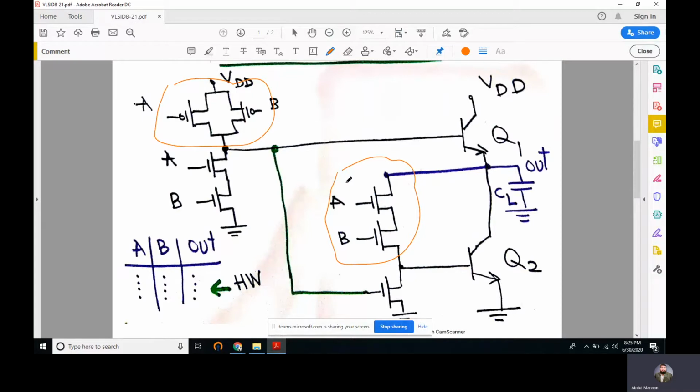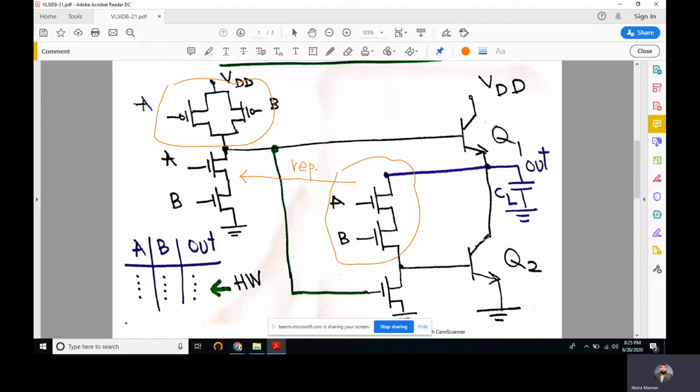Then we repeat the same NMOS array here. It is repeated exactly as it is in regular CMOS. And then we always have this controlling transistor, which is always NMOS, whose gate is connected to the output from the PMOS array, and its drain is connected to the Q2 transistor.